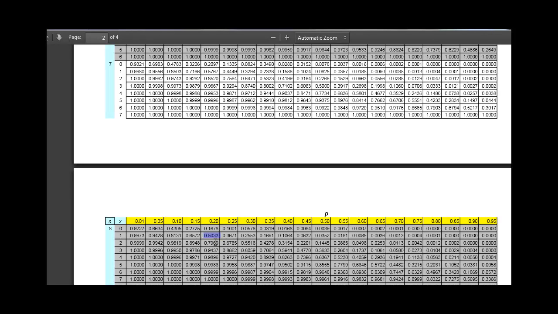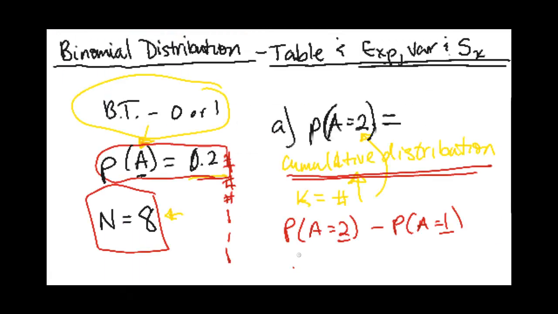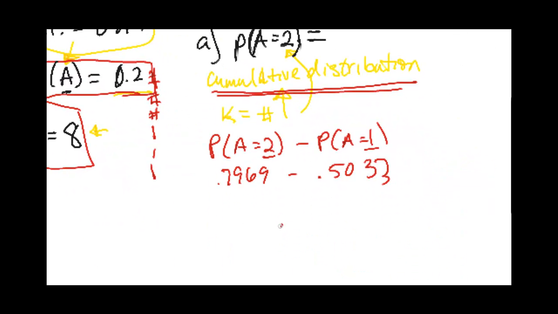In this case, we're going to have 0.7969 minus 0.5033. Let's see if we can remember those values: 0.7969, 0.5033. Get your handy dandy calculator out. That gives 0.2936.